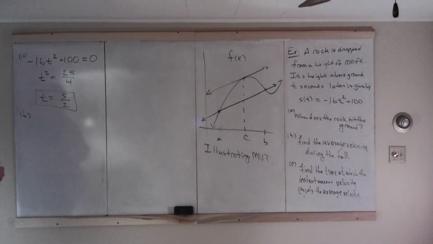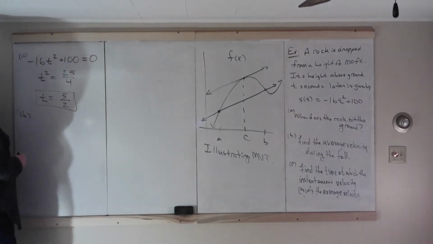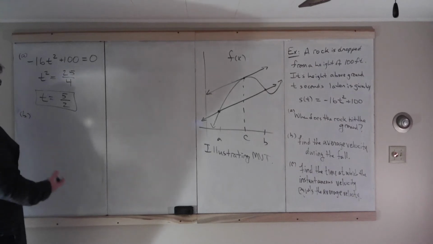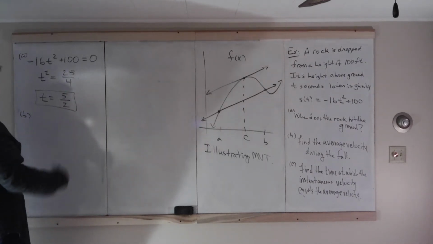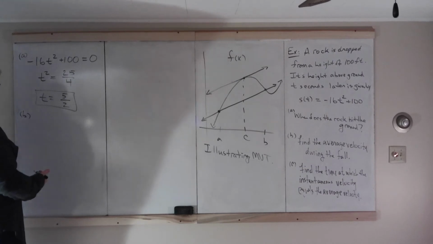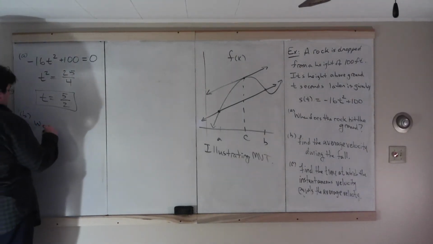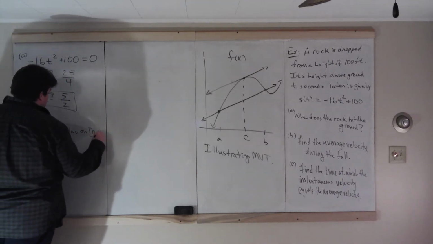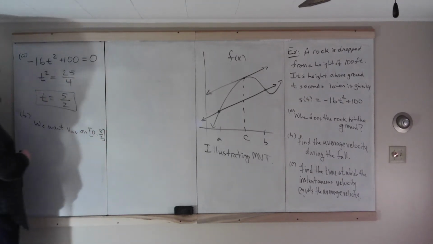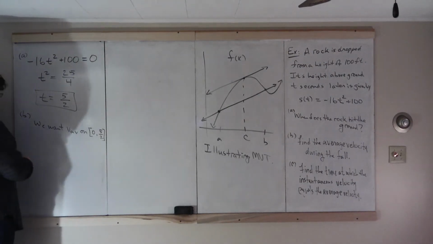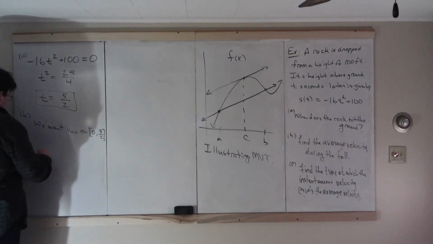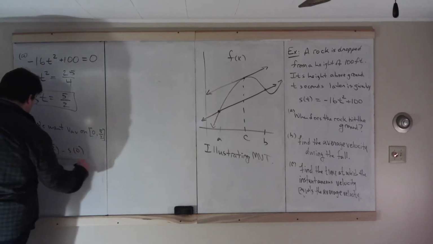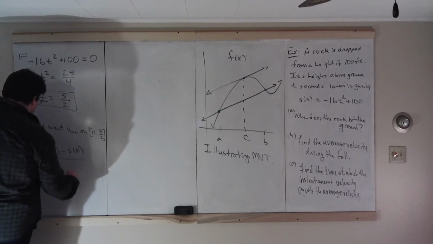Part B, find the average velocity during the fall. Well, I just said the ball is in the air from time 0 to time 5 halves. It starts at time 0, it's on the ground at time 5 halves. So we want the average velocity on 0 to 5 halves. And how do we find the average velocity? Well, it's the change in position divided by the change in time.